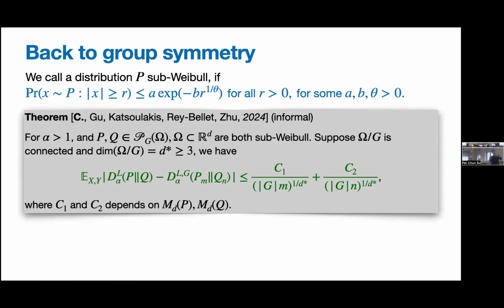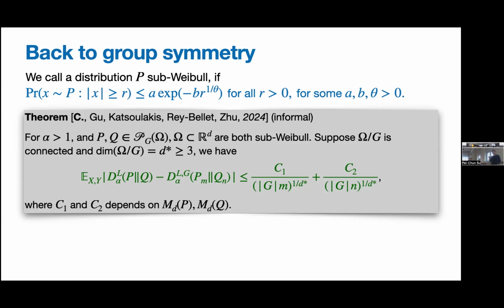Then we provide the result for the empirical estimation. It can also be extended to infinite groups, but I placed the finite group result here. Suppose P and Q are both G-invariant and both subweibull, and suppose the quotient space is connected and has an effective dimension greater than or equal to 3, then we have the following bound.